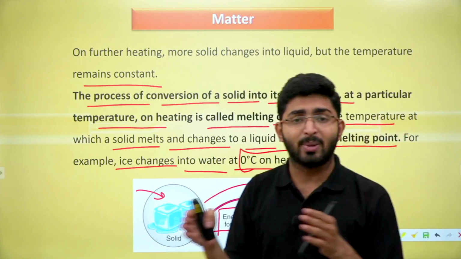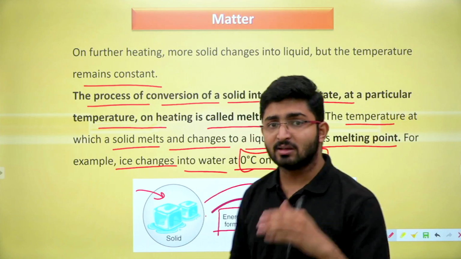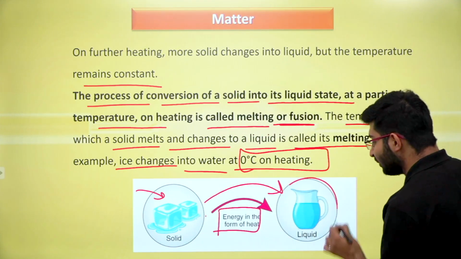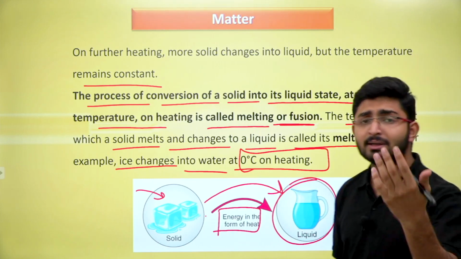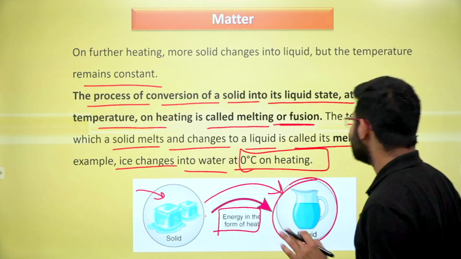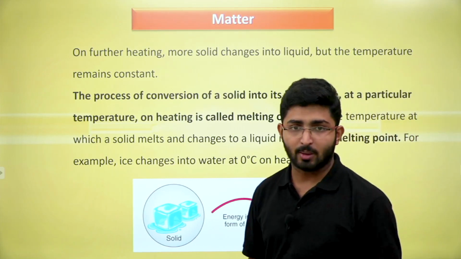They move apart from their positions, the intermolecular space is maximized, and thus it results in the liquid form. So solid will change itself into liquid after the increase in temperature. I hope this is very clear to you. You can take a screenshot of this, that this is the melting and fusion topic, right?